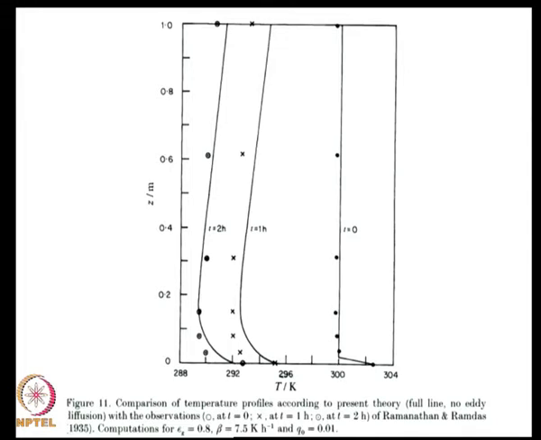Remember that even at time t equals 0, there is a very sharp slope here, and this is not surprising because during the day the sun heats up the ground to very high temperatures. So, at sunset you would expect to see a sharp temperature gradient between the gas elements away from the surface compared to those near the surface.